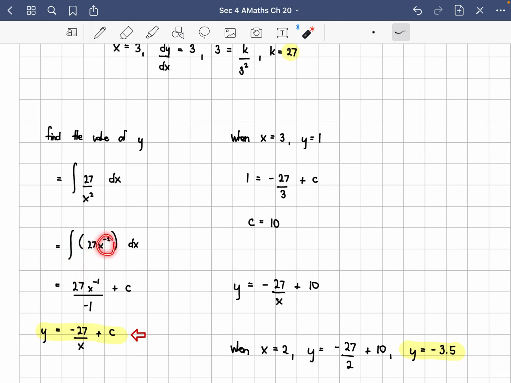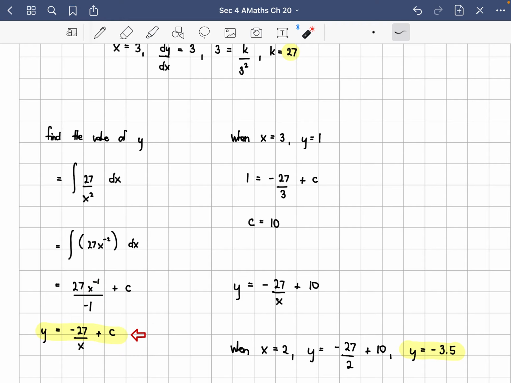Then what happens with x raised to -2? This is -1 because -2 plus 1. And whatever your index here is also your denominator. So finalizing this, y is equal to negative 27 over x plus c.